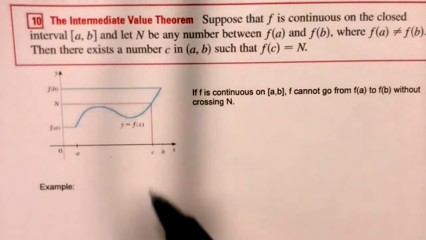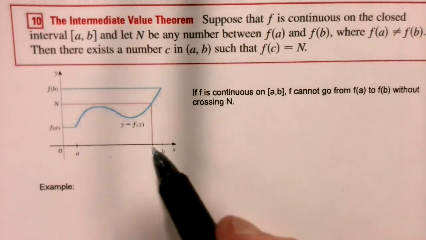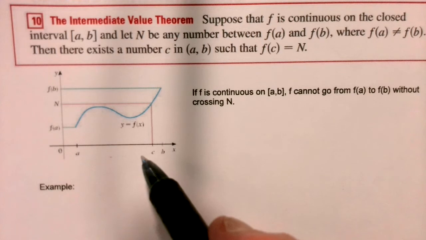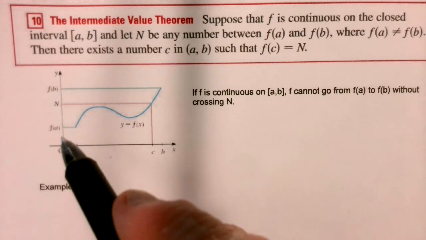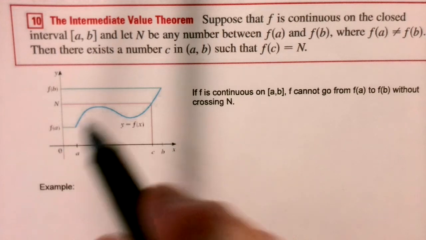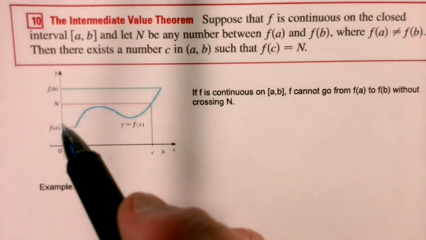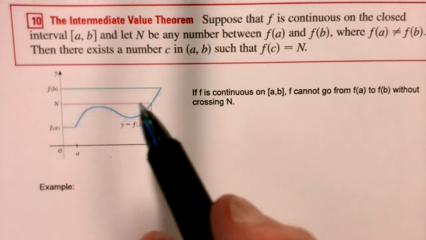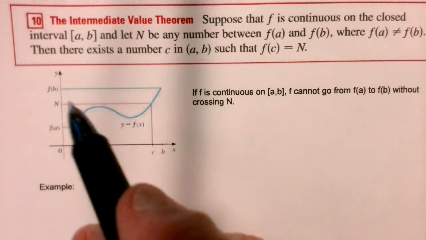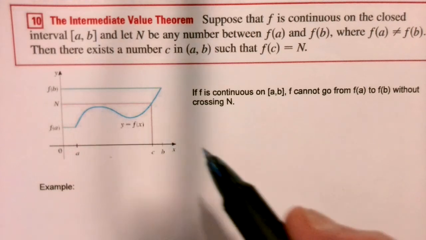Then there exists a c, an x value in between A and B, such that the function evaluated at c is n. So what it's saying is that if it's continuous from A to B, and n is in between f of A and f of B, then there's got to be a c, where c is the input and n is the output for this function in this interval.